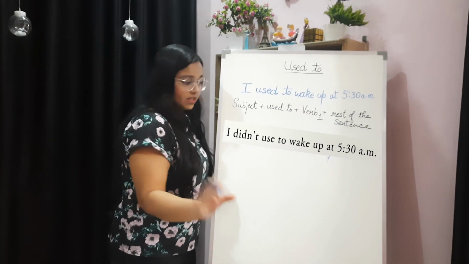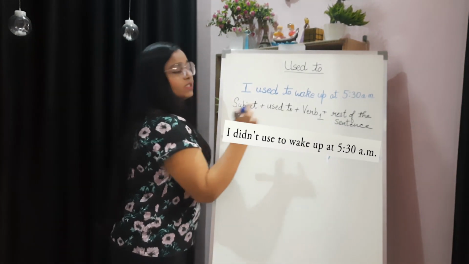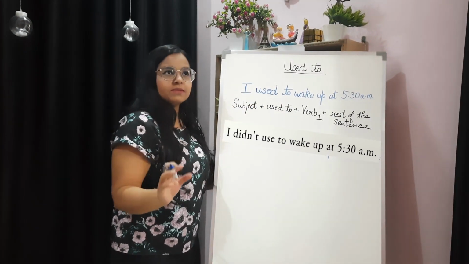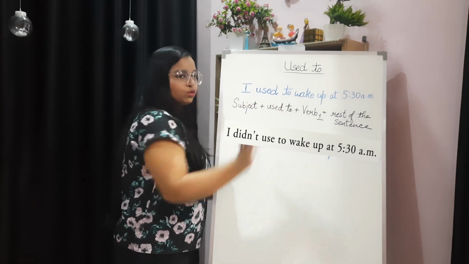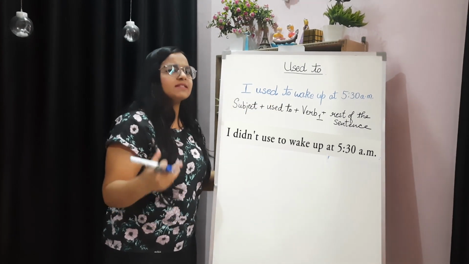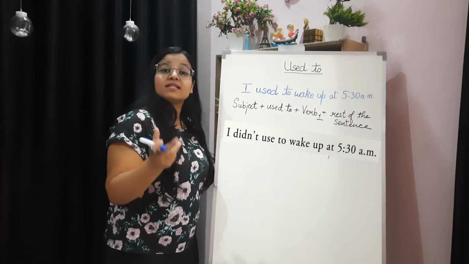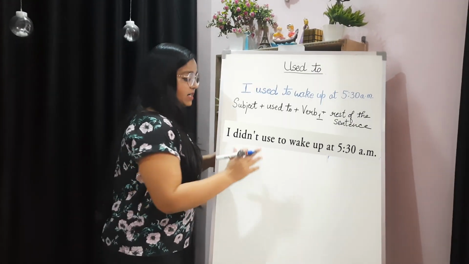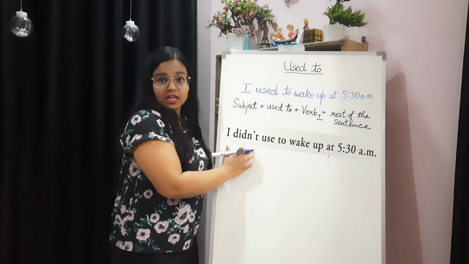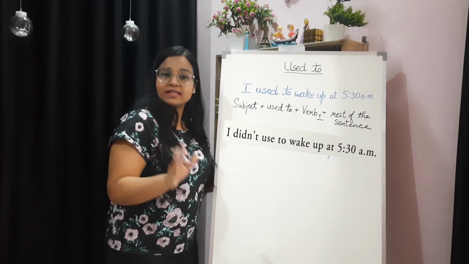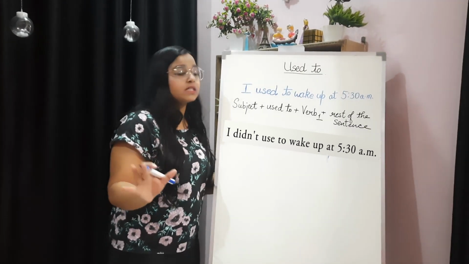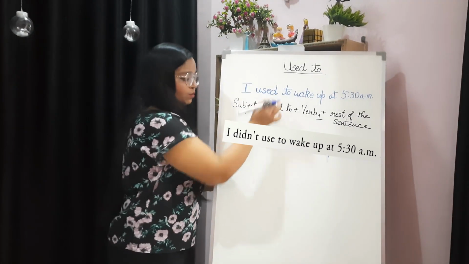Now why are we doing this? Why are we writing use to instead of used to? Sometimes in spoken English, used to is accepted because native English people speak like that. But in exams, we can't write used to after didn't. It is considered wrong. In exams, in formal letters, in writings, we can't use used to. Why?